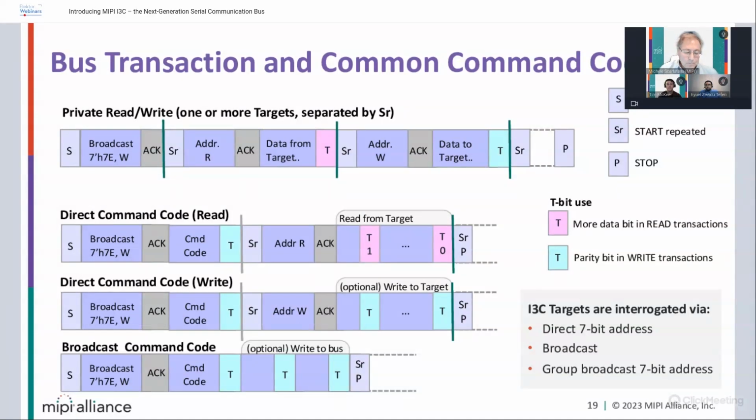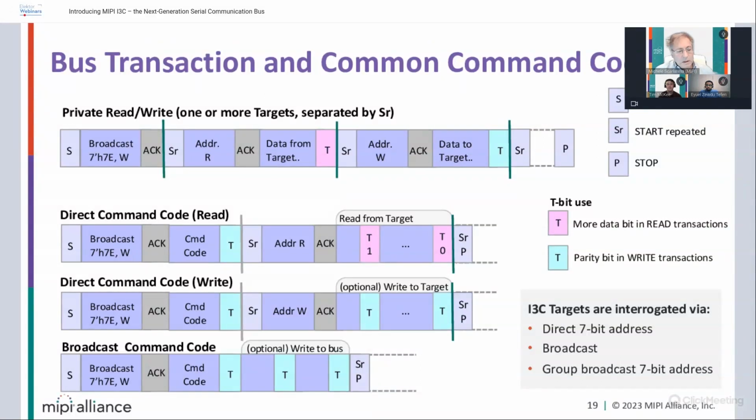The T-bit is in push-pull, so it's faster. It also has a different meaning if sent by the controller or the target. For the controller, it is the parity of the data, and for the target, it is an indication of whether there is more data to send or no more data to send. So the controller can keep on issuing the clock to read more data, or stop.